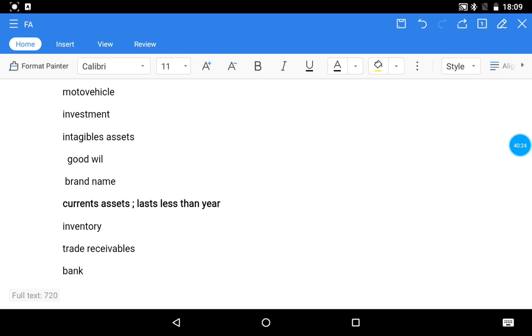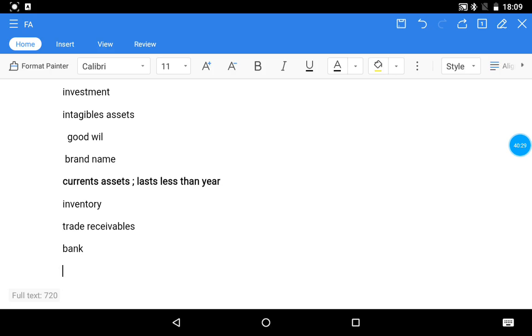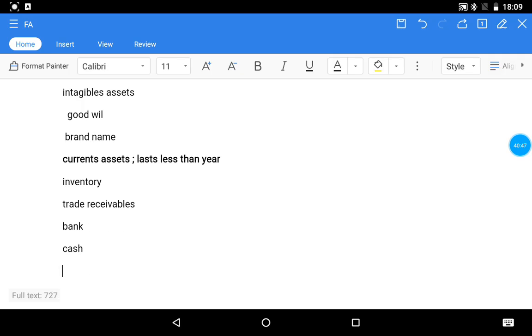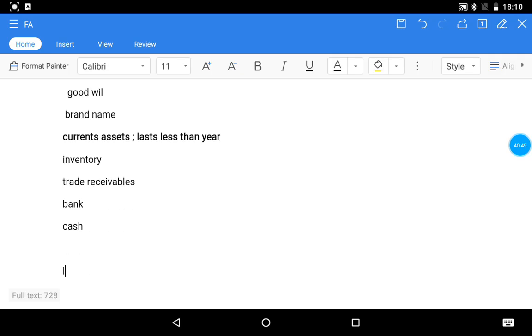And now we are going to look at liabilities. What do you mean by liabilities? In simple terms, liabilities are an obligation, something that anytime I am going to pay money, but it resulted from a previous or past event, what you did previously.